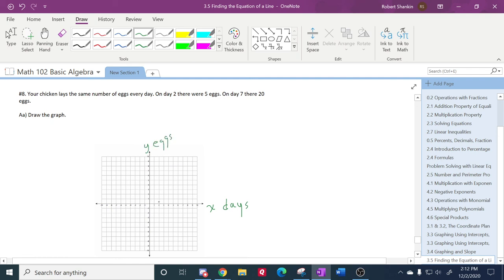And on day 2, there were 5. So you see this, we turn into a point. On day 7, there's 20. Now day 7, the 20 is up beyond the scope here, but we'll imagine that that's at a height of 20.